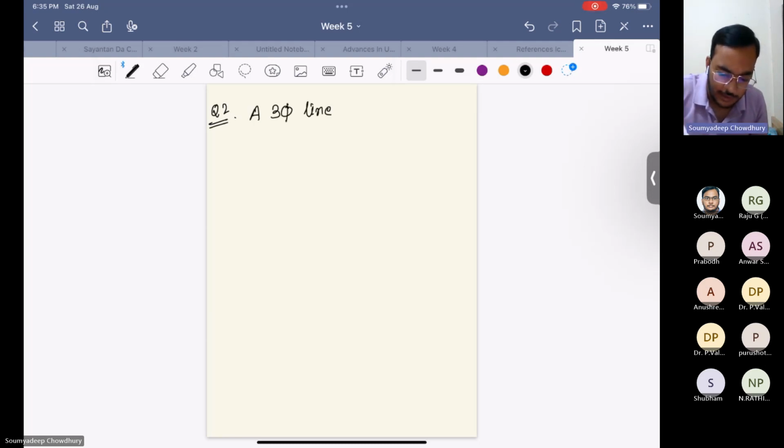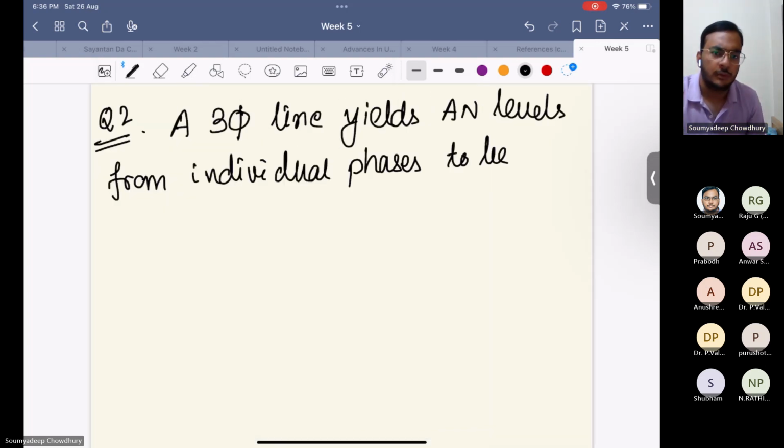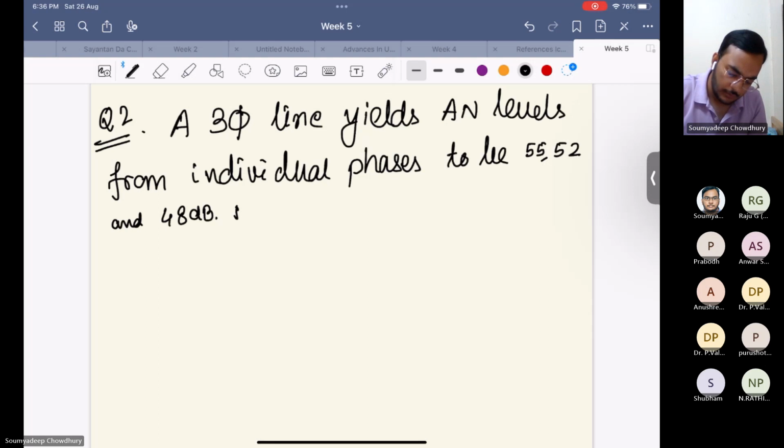A three-phase line yields audible noise levels of individual phases to be 55, 52, and 48 dB.